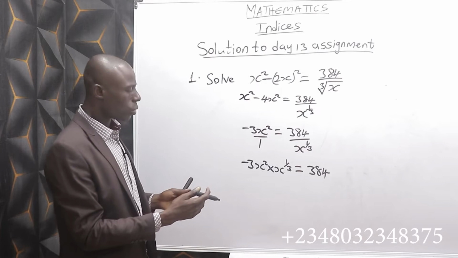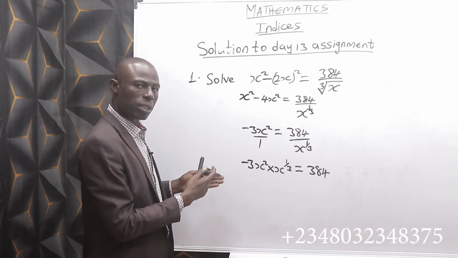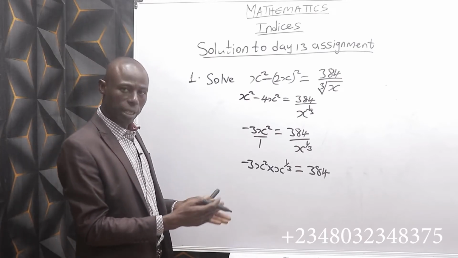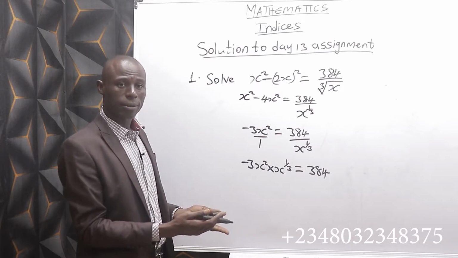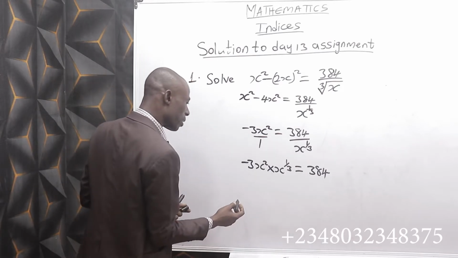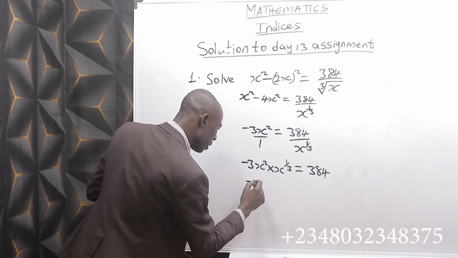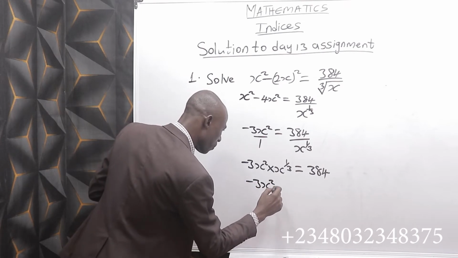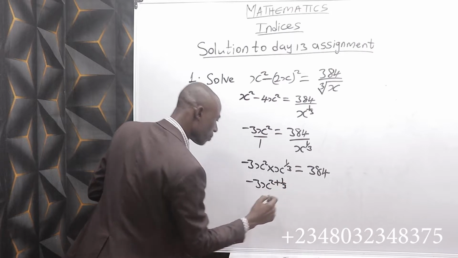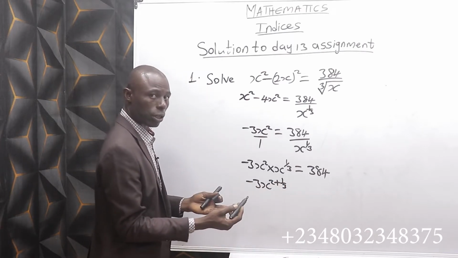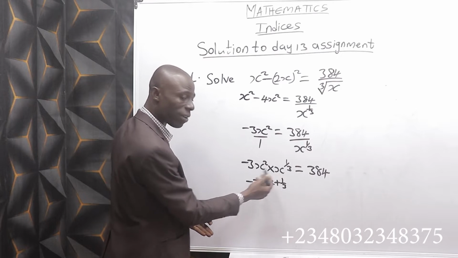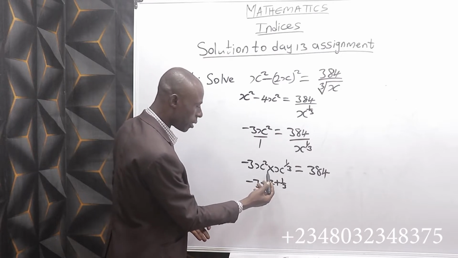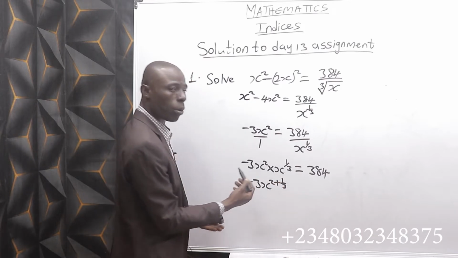Looking at it, you can see that when we divide both sides by negative 3, it will be easier. So we divide both sides by negative 3. We have negative 3x squared times x raised to power 1 over 3. I use the opportunity to simplify this. x is the common base here.